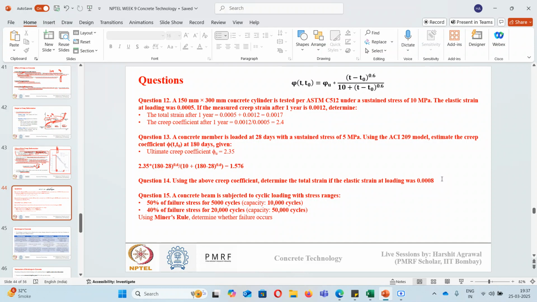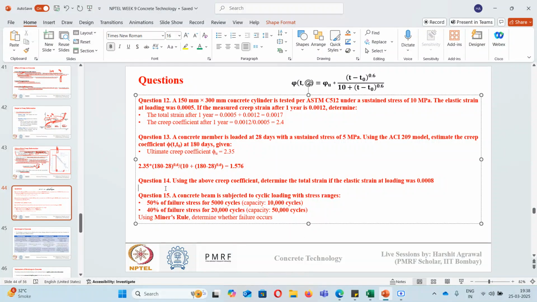What is the total strain in the concrete, knowing the creep coefficient and the elastic strain? Can anyone tell me the answer if anyone has calculated?